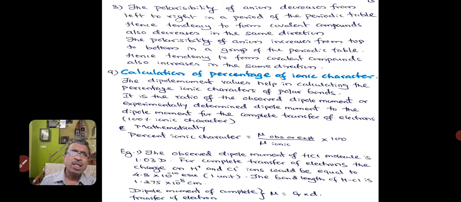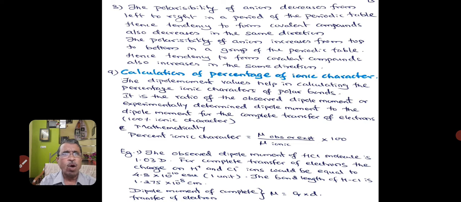Now let us study how to calculate the percentage of ionic character in covalent compounds. The dipole moment values help in calculating the percentage ionic character of polar bonds.